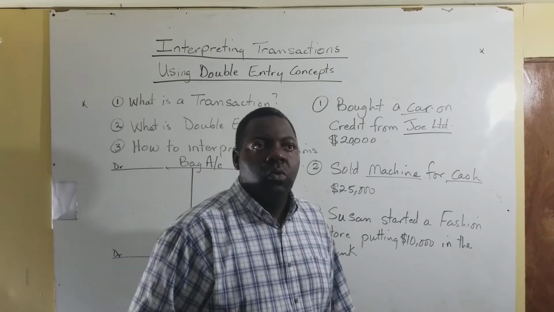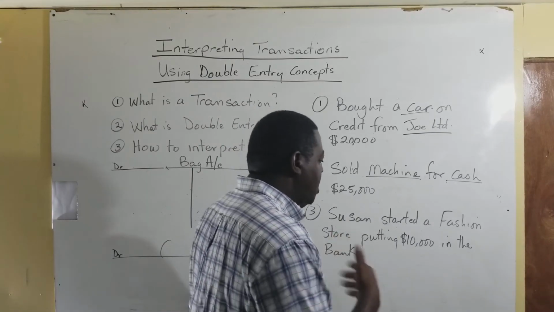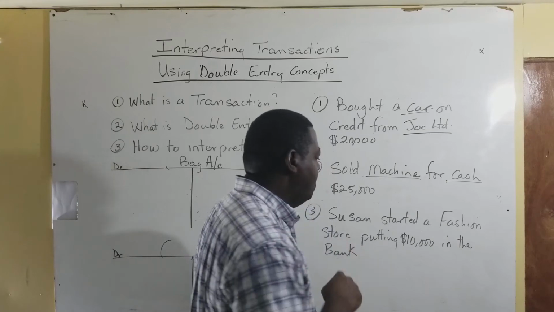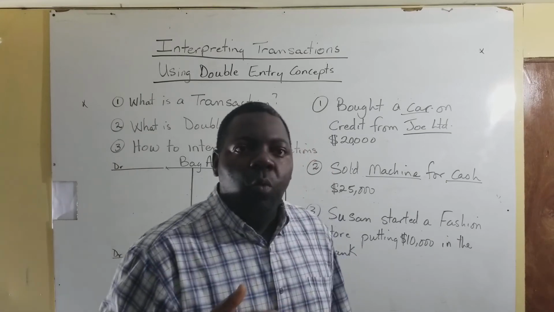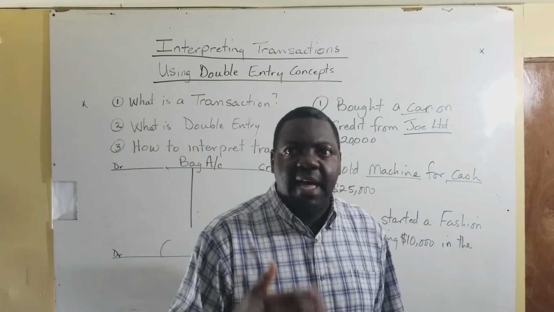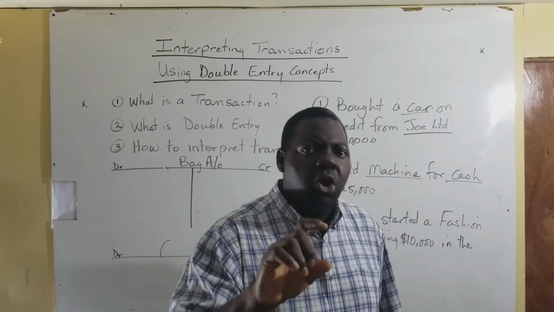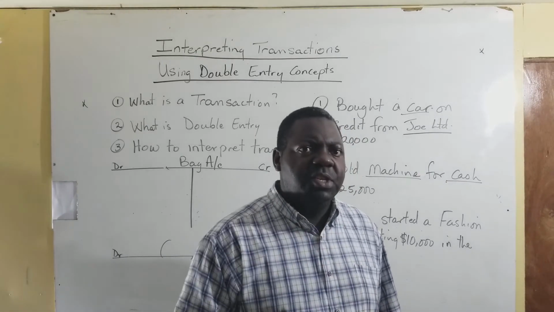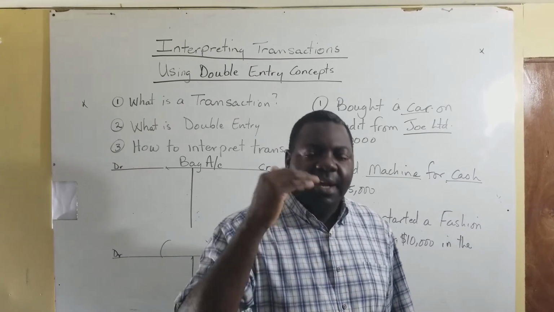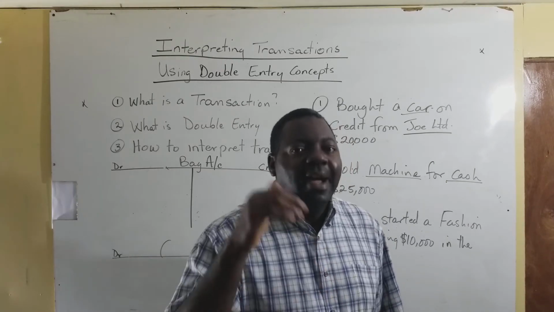Now, Susan is putting money into the bank. For what reason? To start a store. Whatever Susan is putting in the business to start the business is referred to as what now? Her capital. Another word for capital, what did we say again? It is equity or net worth.